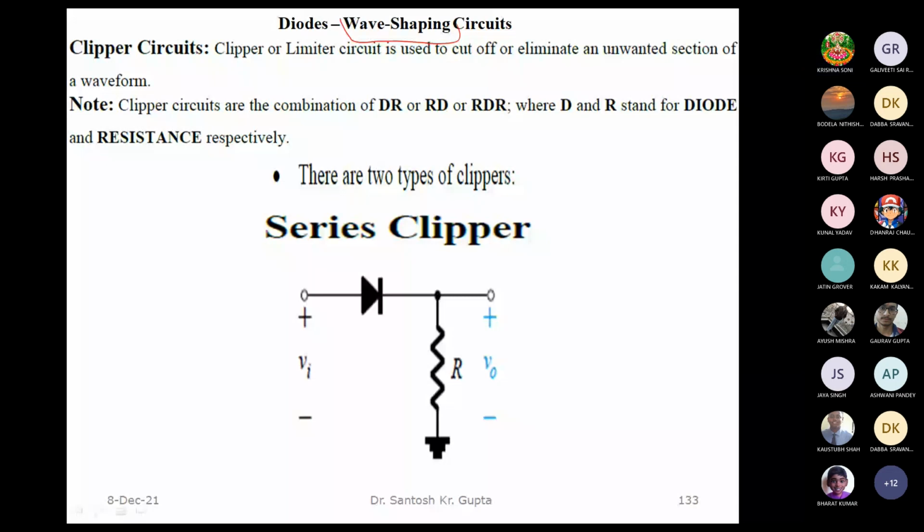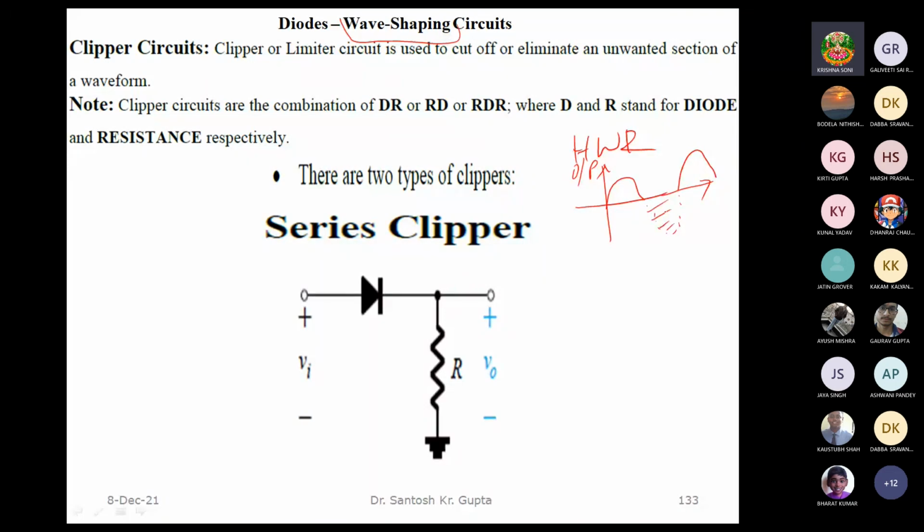We have already studied the half-wave rectifier. In the half-wave rectifier, we have seen that a part of the input signal is being clipped off, and only half of the input signal was passed. Something like this kind of output we have. We can see that in this circuit, completely half of the cycle of the input signal has been clipped.